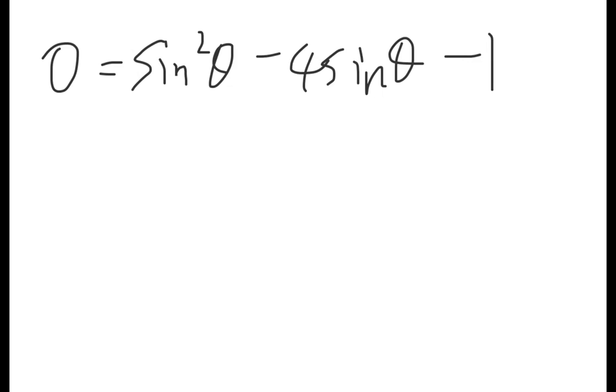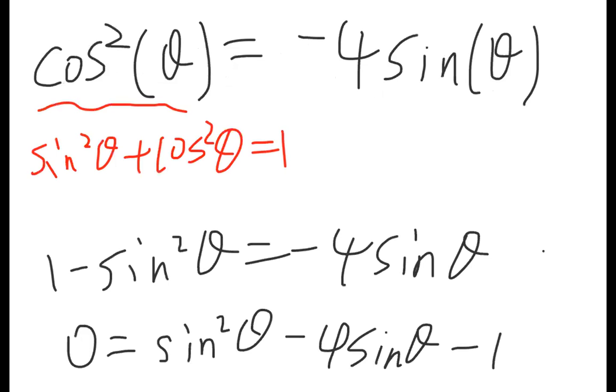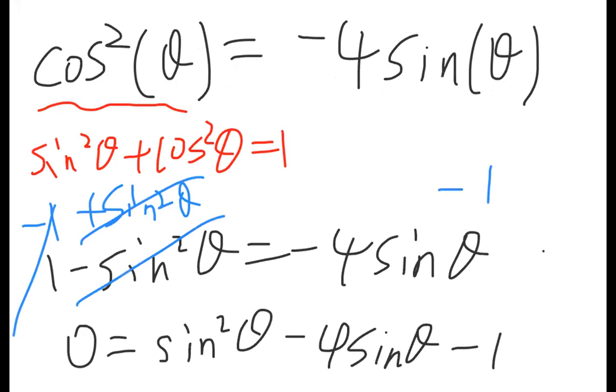When you simplify this equation, we minus 1 on both sides to get rid of the plus 1 here, and plus sine square theta to get rid of the minus sine square. That's why you have plus sine square theta and the minus 1 on the other side of the equation. Right, so this is negative 1.